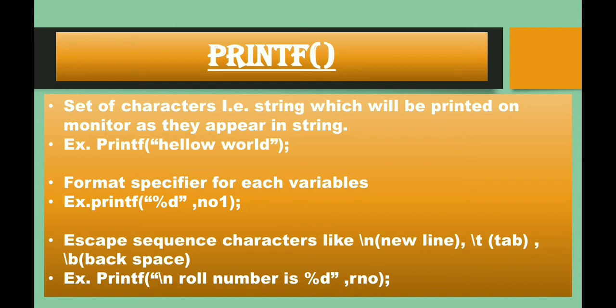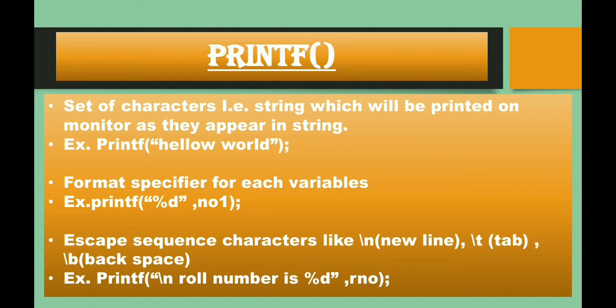Then next is the format specifier for each variable. If we are giving multiple types of input, then the format specification is given based on the data types of those variables. And where are we writing that format specification? In the control string section.